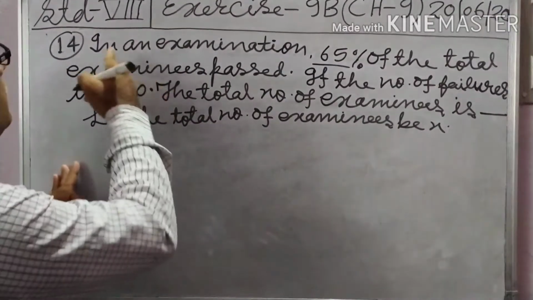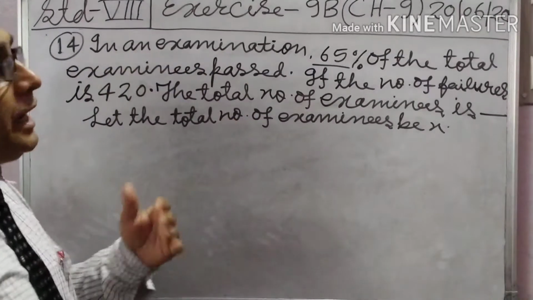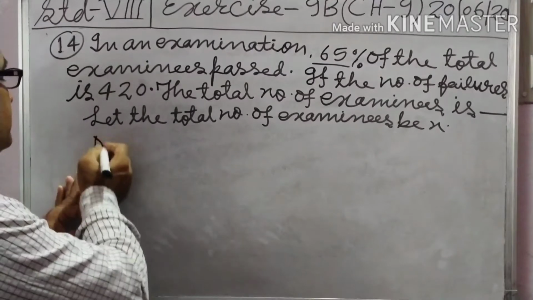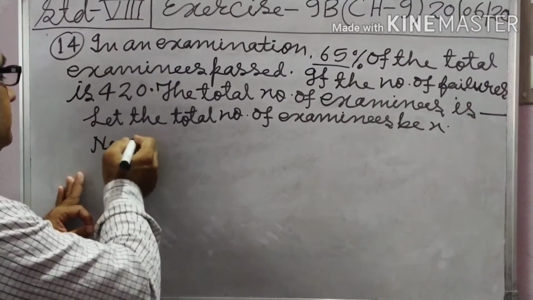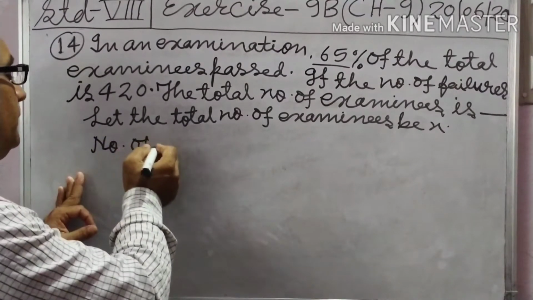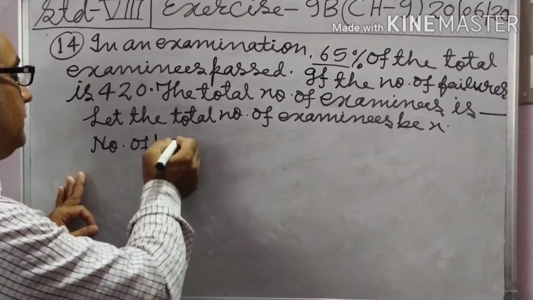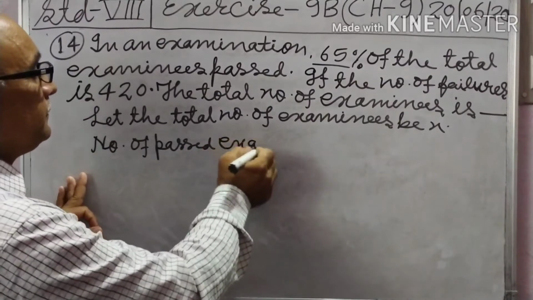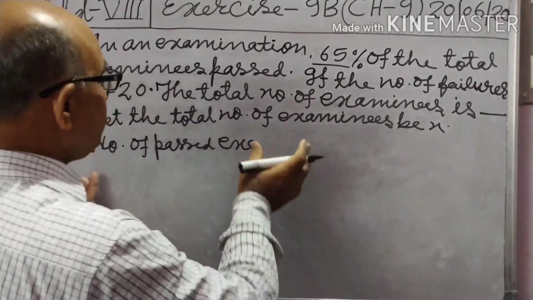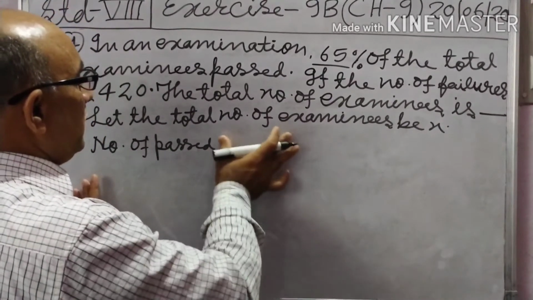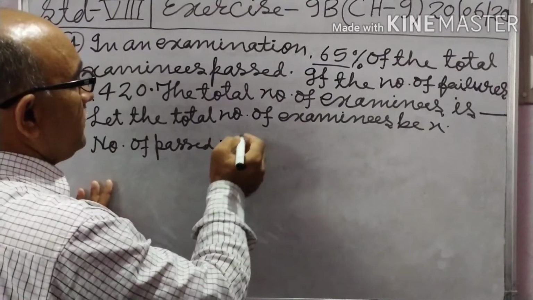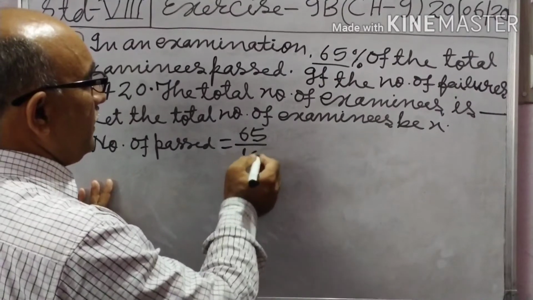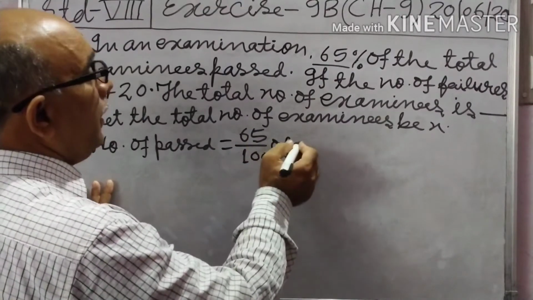Now, according to the question, in an examination 65% of the total examinees passed. So the number of passed examinees, in short, number of passed, is 65%, 65 by 100 of x.